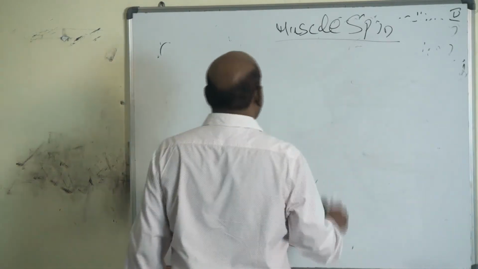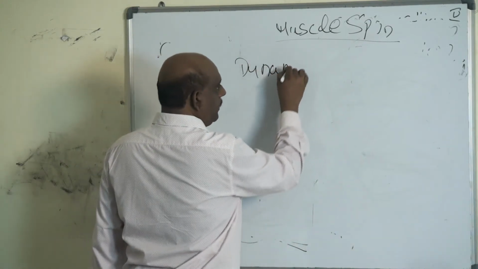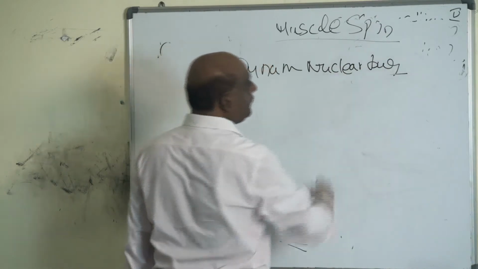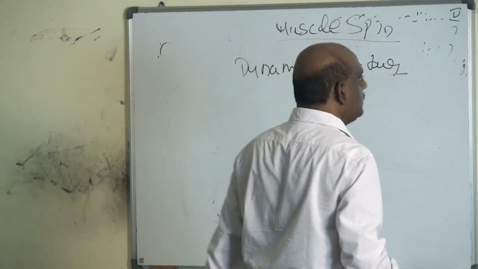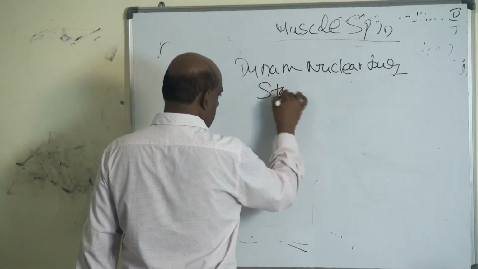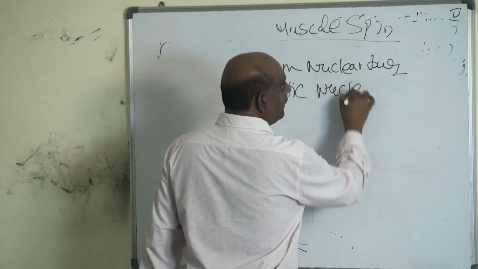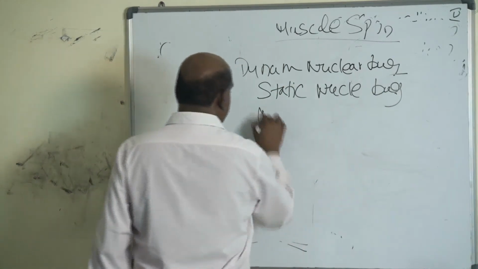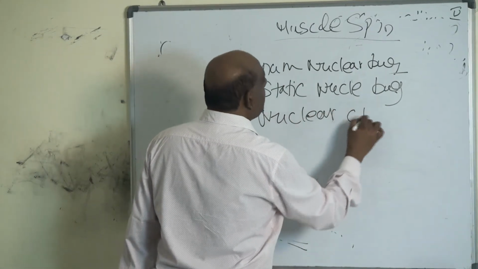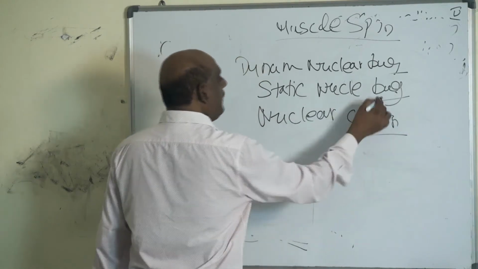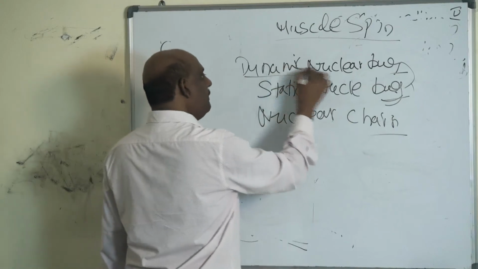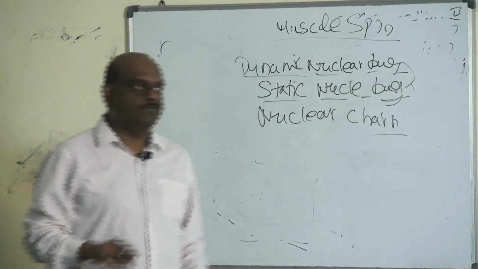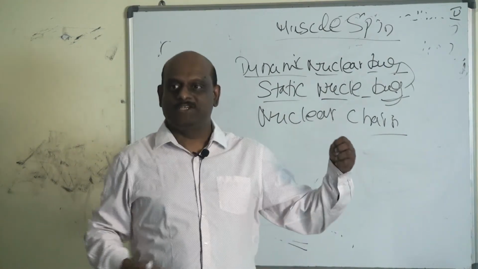One are called dynamic nuclear bag fibers. Then you have static nuclear bag fibers, and you have nuclear chain fibers. एक चेन है, एक बैग है, बैग में टू टाइप्स बैग है, एक डायनामिक न्यूक्लियर बैग है, दूसरा स्टैटिक न्यूक्लियर बैग. There are three types of things that are sensing the stretch.